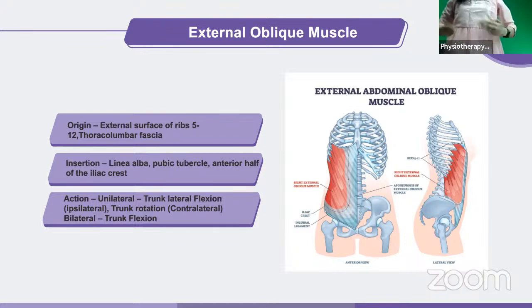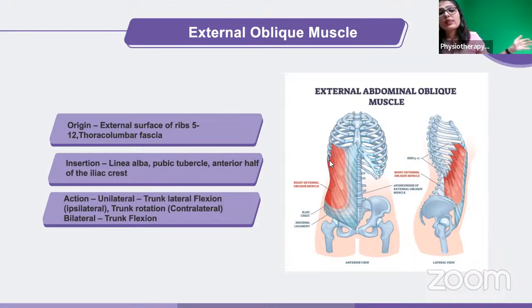Internal oblique is the opposite. It will be like this, okay? Medially and upwards. As the direction of the muscle fibers changes, so will the action. So the external oblique muscle, as you can see in the picture, has its origin from the external surfaces of ribs 5 to 12.